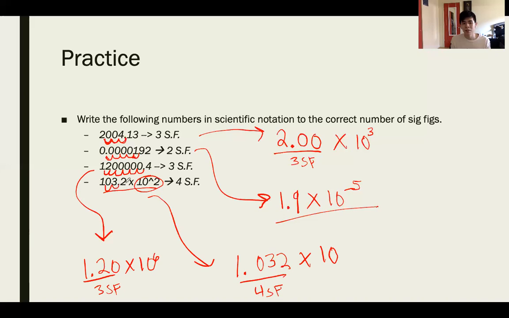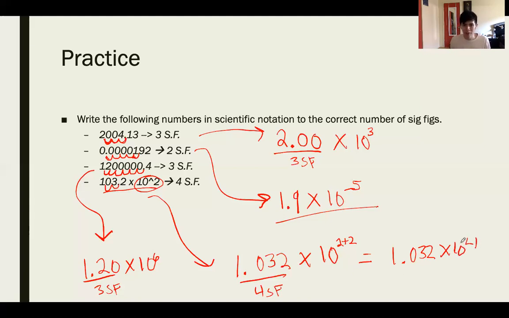Okay, so based off of this little diagram here, we move the decimal place 2 places for the number on the left right here. So there's 2 for sure. And we also have the fact that it's being multiplied by 100. So that's 10 to the second power. So we're going to add 2 here, which will give us 1.032 times 10 to the 4th power.